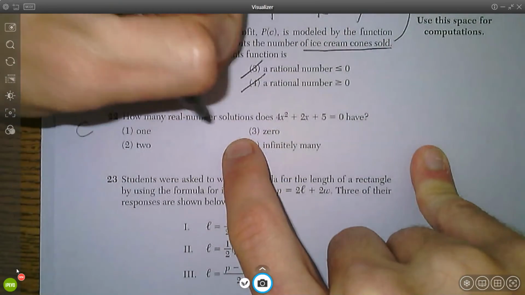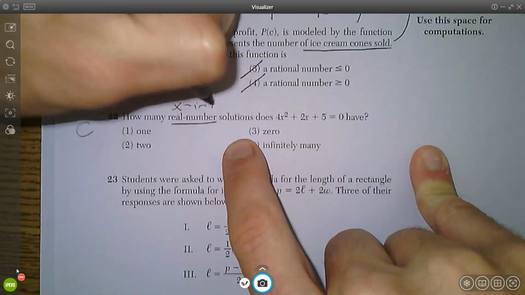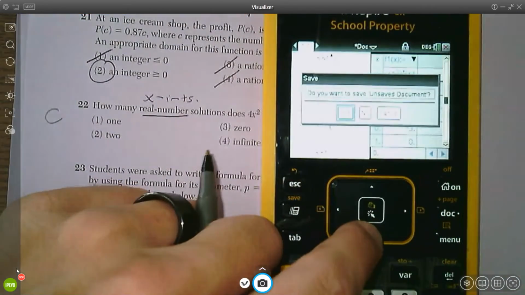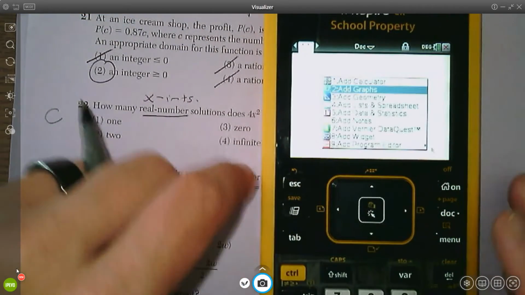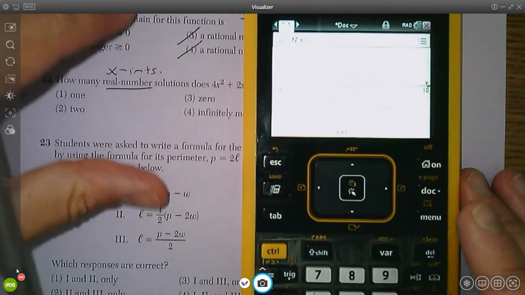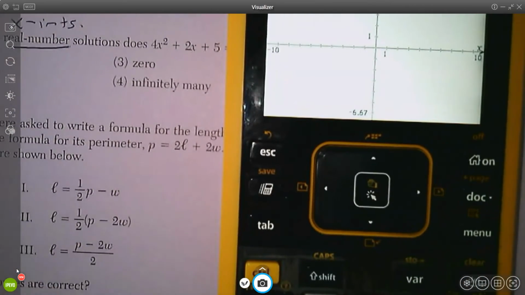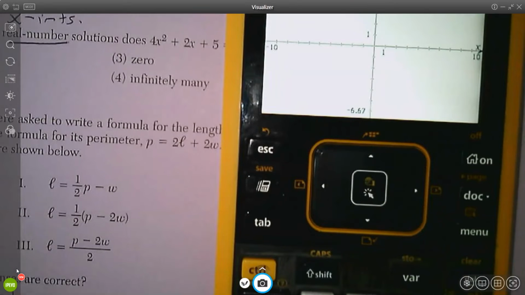How many real number solutions? Real number means x-intercepts. So we're just going to take this to the calculator. We're going to add a graph. We're going to take a look at this. 4x squared plus 2x plus 5.